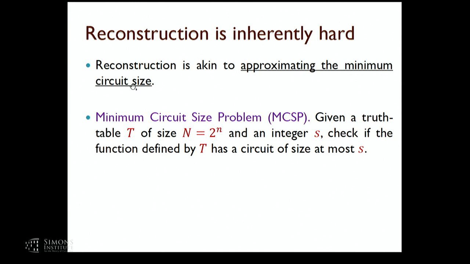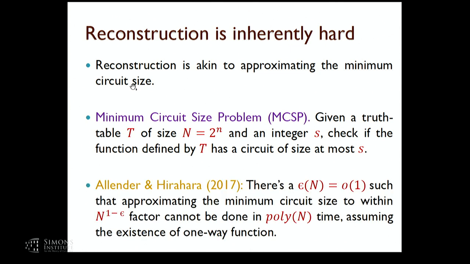It's the following problem: given a truth table and an integer s, check if there is a function computed by a circuit of size s that's defined by this truth table. Now, this is, of course, believed not to be in P, but it's not clear whether this is NP-complete. But what is known from a result by Allender and Hirahara is that even an approximation version of the MCSP problem is probably hard, in the sense that it's not in polytime.